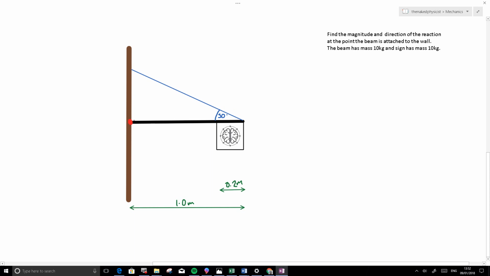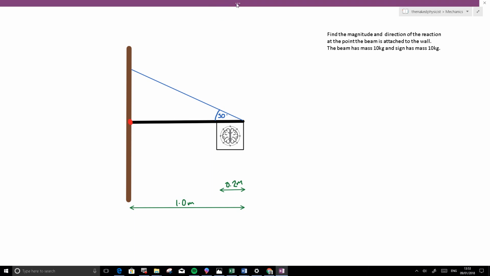So if we take this to be a hinge, we can first of all work out the moments of the weight of the sign and the beam, and from that we can work out the tension in the cable.